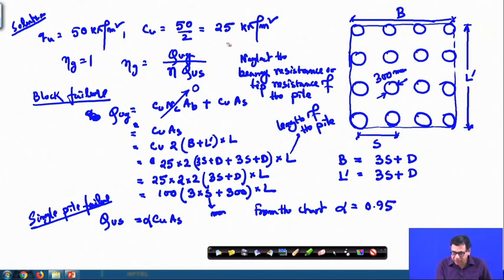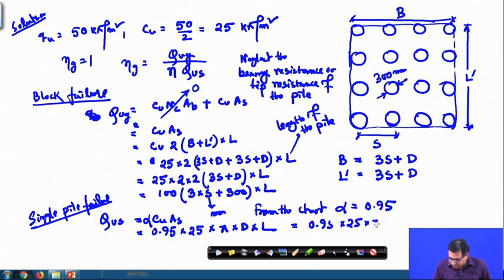Cu value is 25 kilonewton per meter square, so alpha you will get is 0.95. Here As is pi into D into L, so I can write 0.95 into 25 into pi into 300 into L.